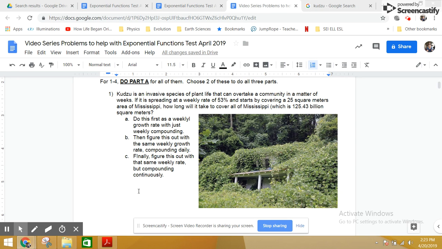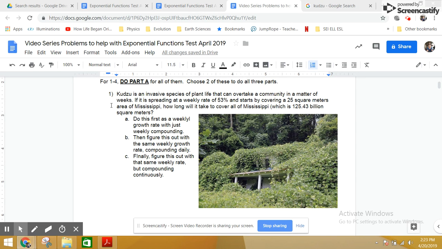So here we have a situation which is fairly similar to the problem involving the pickle bears on the original test. We have kudzu, which is an invasive species of plant life that can overtake a community in a matter of weeks. If it is spreading at a weekly rate of 53% and starts by covering 25 square meters of area, that's a 5 by 5 meter area in Mississippi, about the size of a classroom at our school.